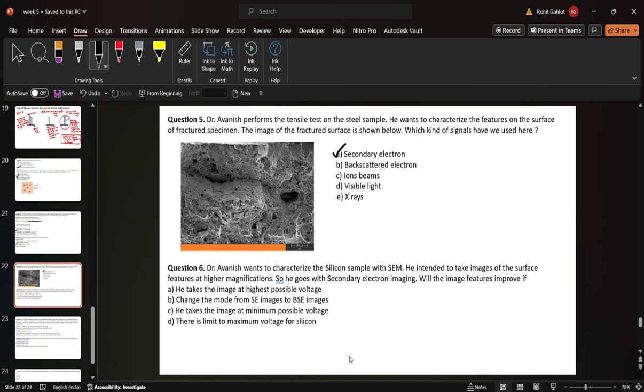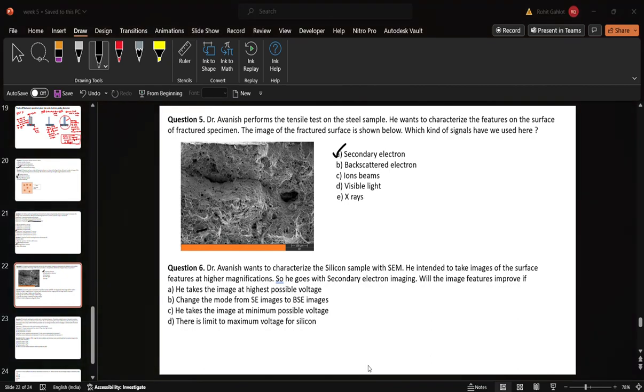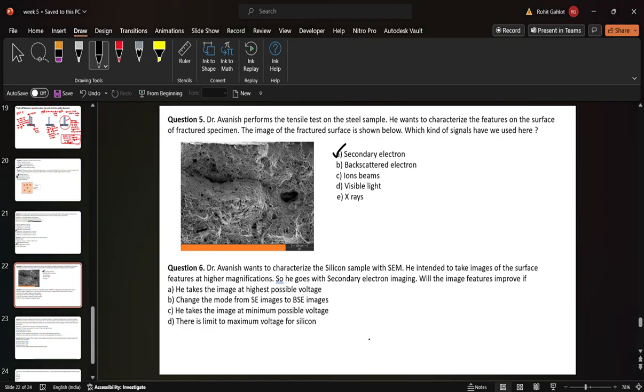And another one is that we want to characterize the silicon sample with the SEM. He intended to take images of the surface feature at higher magnification, so he goes with the secondary electron imaging. Will the image improve if he takes the image at the highest possible voltage?